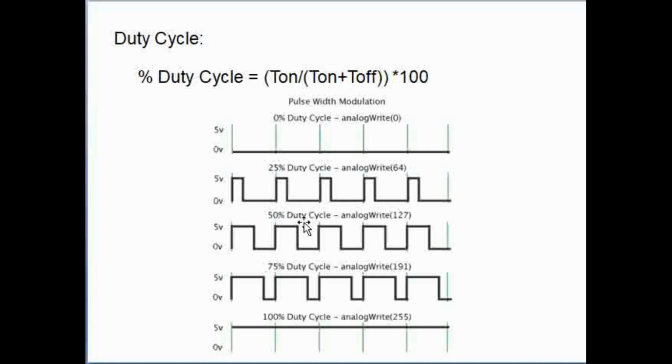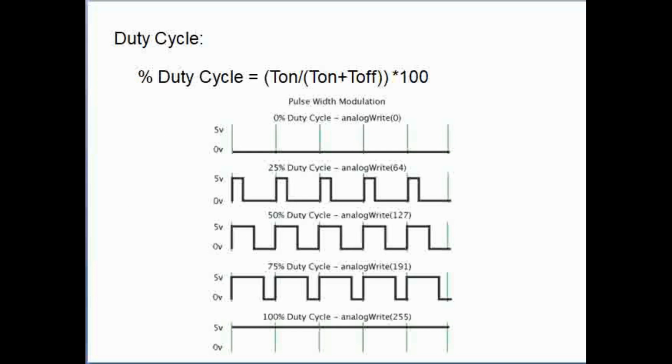Whereas if you are giving 50% duty cycle, you are using a controlled environment, so that your device works, but at the same time it is invisible to the user that you are turning off for 50%. For example, if you take the LED and you turn off and turn on at such high speed that it's not visible to the user, then you save a lot of power, right? That's how the duty cycle works for us.